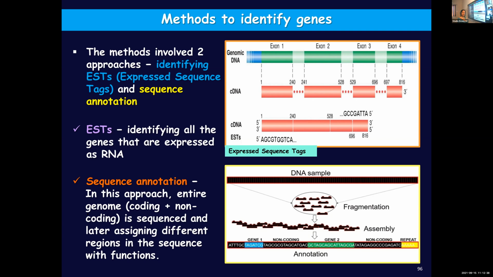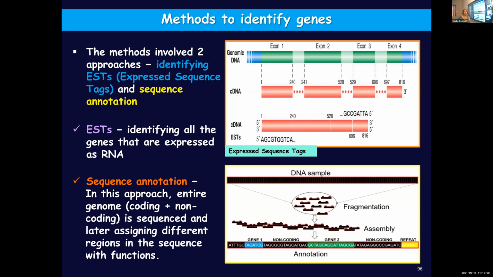But whereas in the second approach, this was a blind approach. No separation between coding and non-coding sequences. The entire genome is sequenced and they were assigned functions. So the different regions in the sequence were assigned functions. So this we had learned. So these are the two approaches involved.